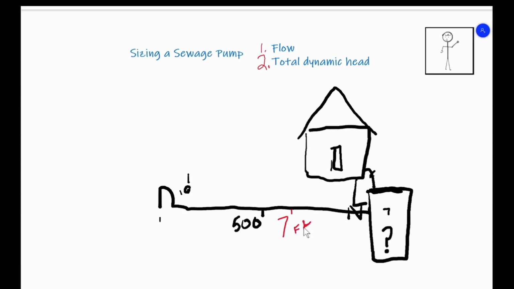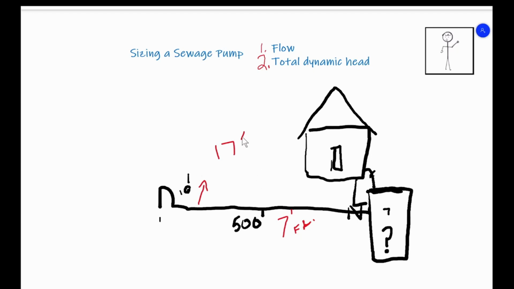From now on, that's what FL stands for, friction loss. And I've got 10 feet of lift. So write my arrow up, and I've got to add this 10 to my 7, right? So I'm going to write that out. 10 plus 7 is 17.